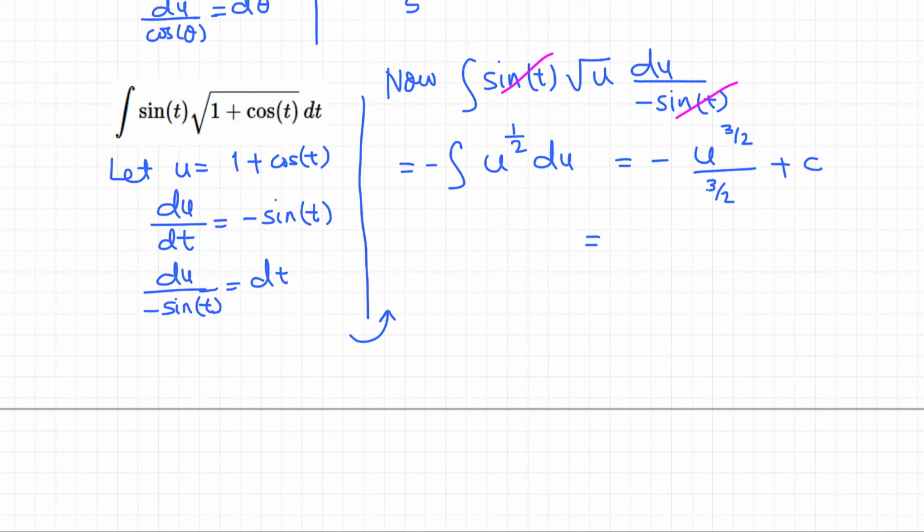This is a complex fraction because we are dividing by a fraction, so this 3/2 becomes 2/3 when we keep, change, flip. So negative 2/3 u raised to 3 halves. You need to back substitute u. U is in fact 1 plus cosine t. So negative 2/3 times 1 plus cosine t raised to 3 halves, plus c. That's final.